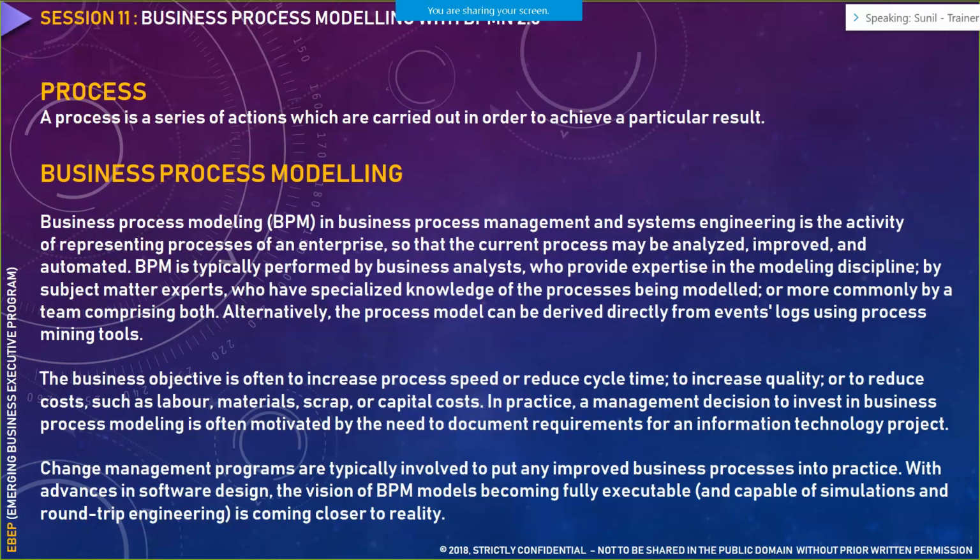So a process is a series of actions which are carried out in order to achieve a particular result. Process modeling is something that is relevant to a system context. Business process modeling is something that is relevant to a specific domain, and together, business process modeling is a technique that we use in business analysis to document our flow for a given system.